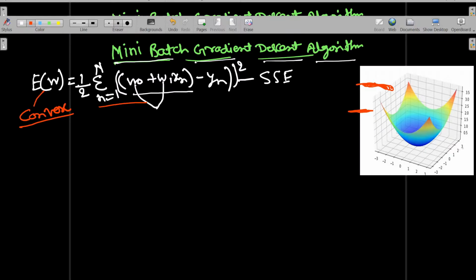Suppose this is the W0 axis, this is the W1 axis, and this is the Z axis. This Z axis is nothing but the loss or error function. So for each W0, W1 tuple, we will have a corresponding loss.